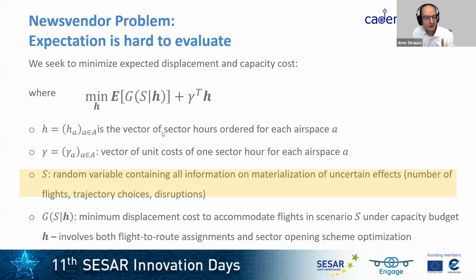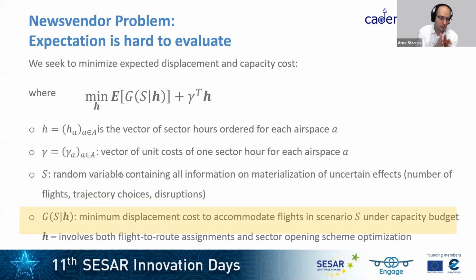That expectation is taken over those uncertainties, which of course also means that there is no way of exactly writing down what that expectation actually is. Coming back to that in a second. That expectation specifically looks at the future cost arising from that decision, meaning the displacement cost in terms of rerouting flights, delaying flights, right?